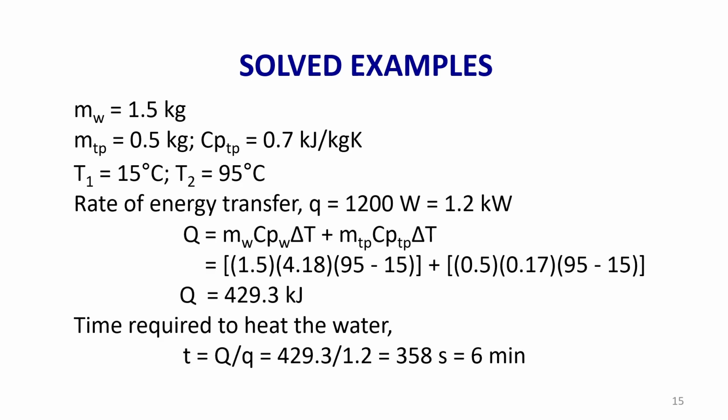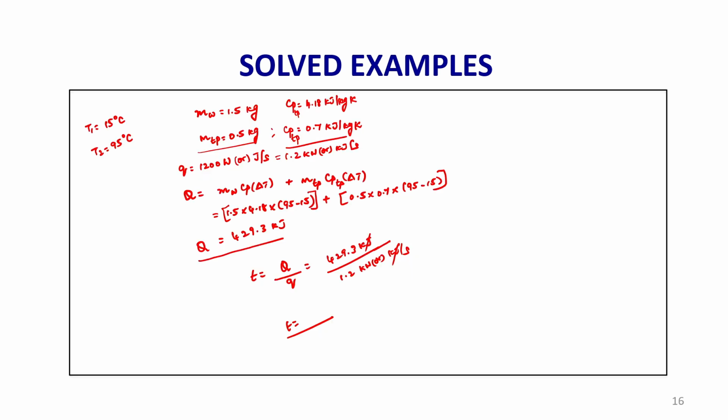Close to 358 seconds. Because this is in joules per second, the answer which we are getting is in seconds. Divide by 60, so t is equal to 6 minutes. So based on the data given in the numerical question, it will take 6 minutes for the water to be heated from 15 degree centigrade to 95 degree centigrade.